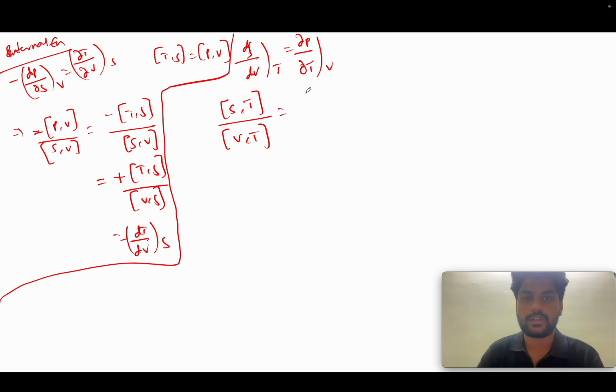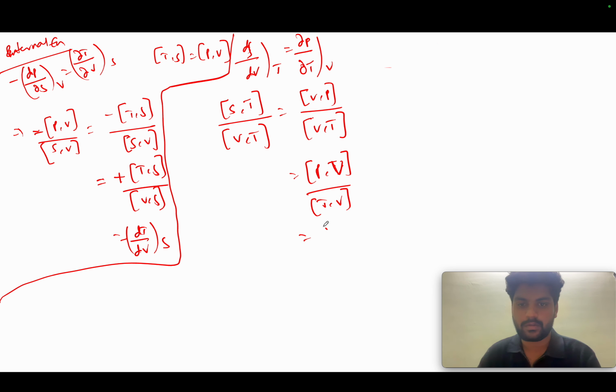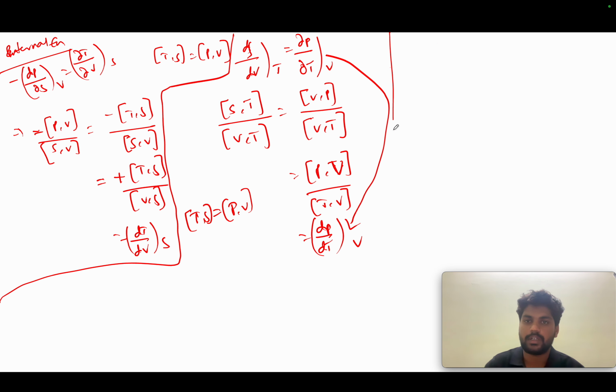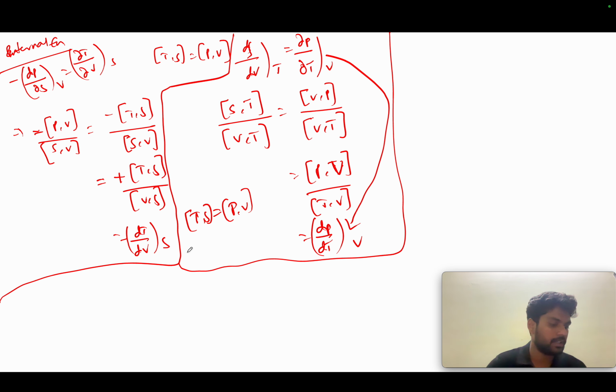It is nothing but, which is nothing but this. So you can try this. In this way you can solve from this Jacobian. You can easily solve all the other things. Any doubts in this, how to solve the Maxwell relations? Okay, fine.